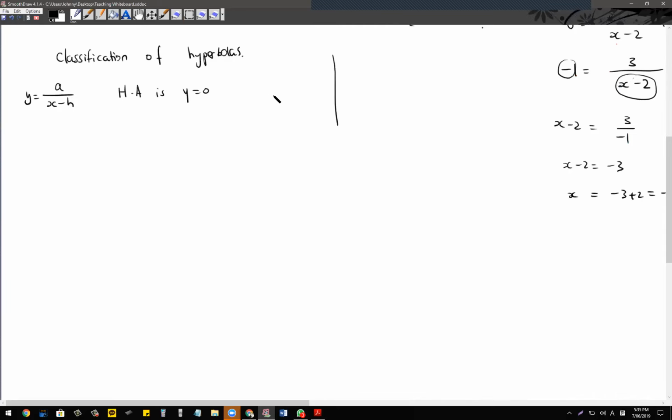That means you have this curve with the horizontal asymptote here, because this is plus nothing, so there's no elevation.